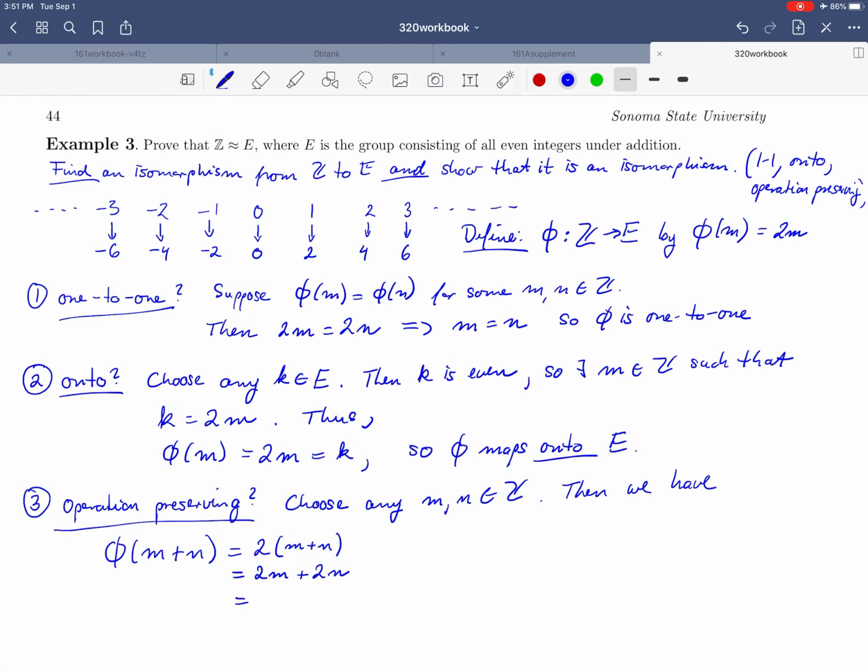And that is the definition of phi of m plus phi of n. So we see that our isomorphism phi preserves our operation. And thus we have shown that phi is in fact an isomorphism.